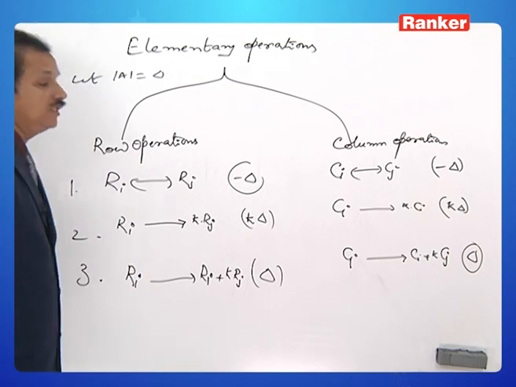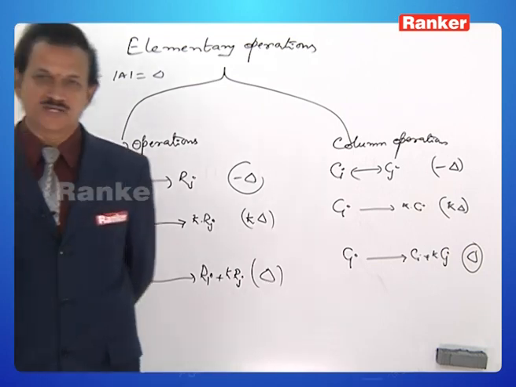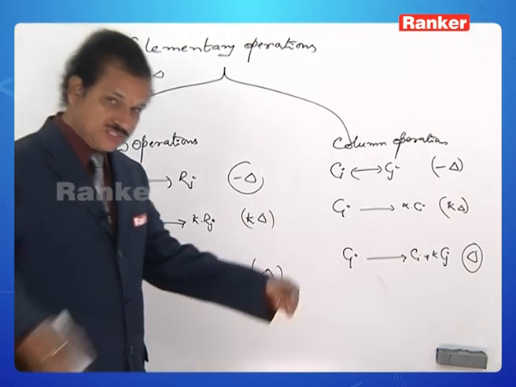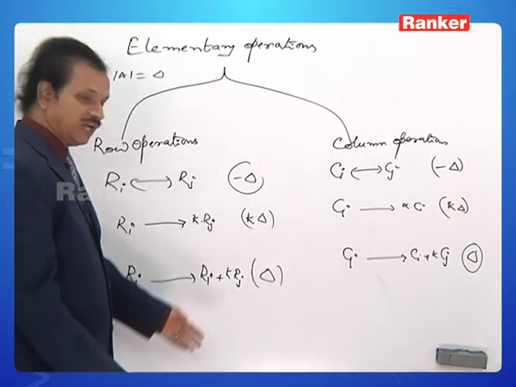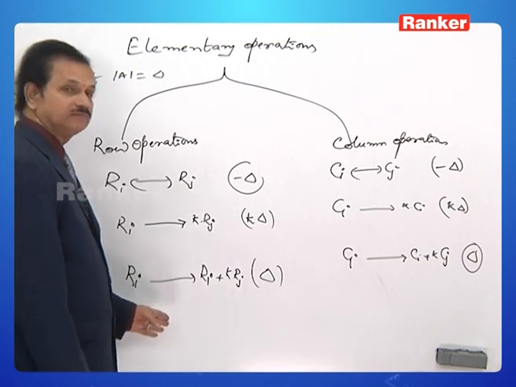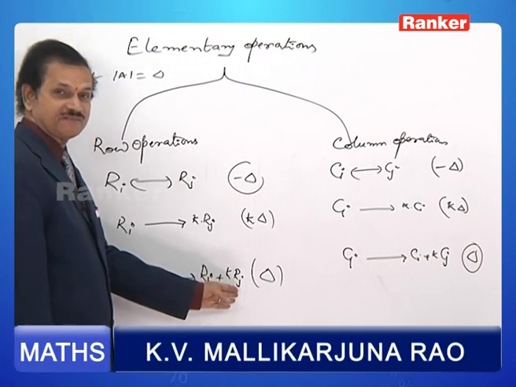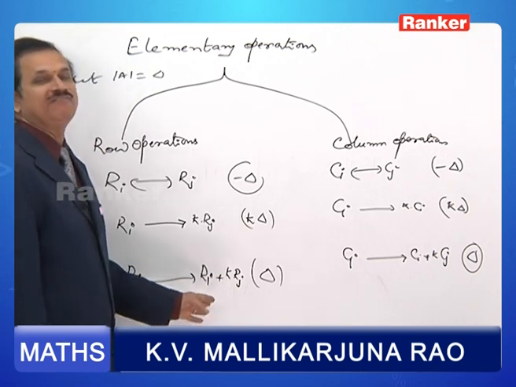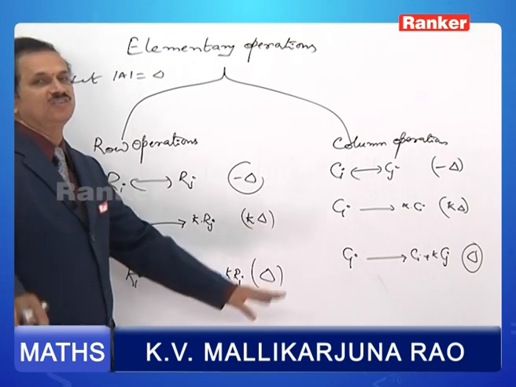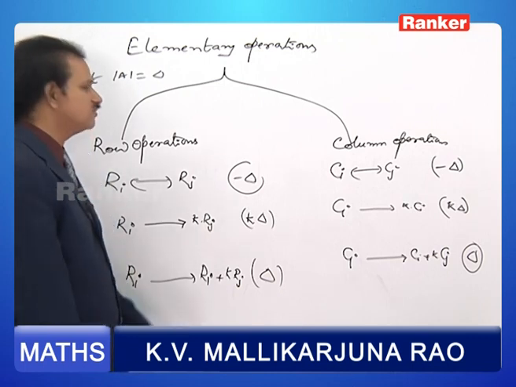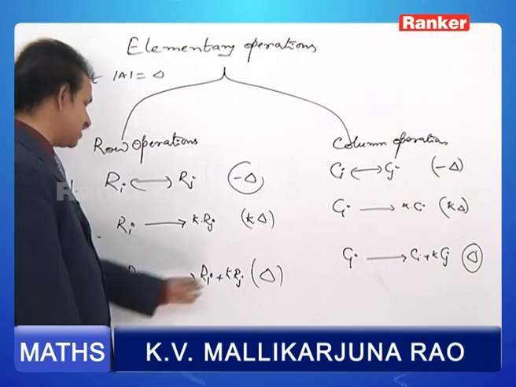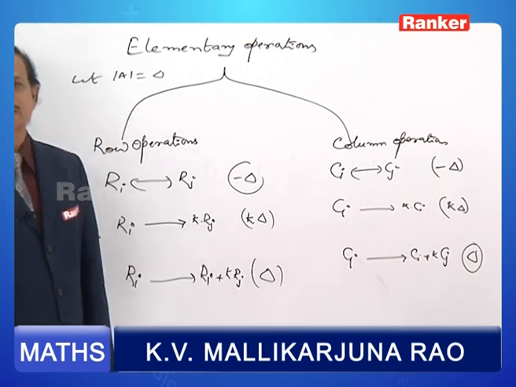And among these elementary operations, the safest operation is: if k times the elements of a row are added to those of another row, then the value of the determinant remains unchanged. This is the property. And you can express this in a small sentence also.